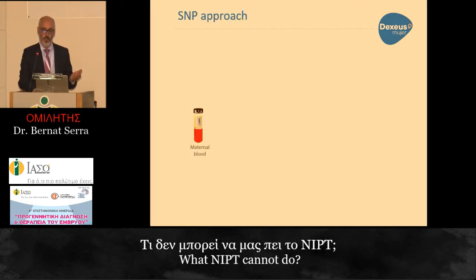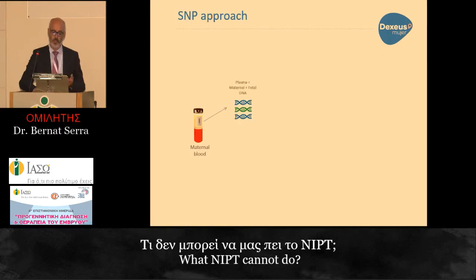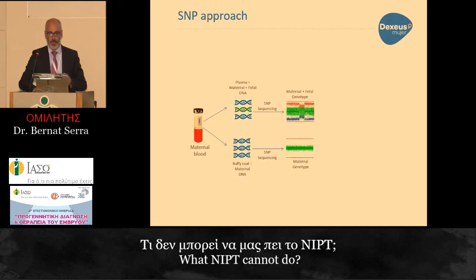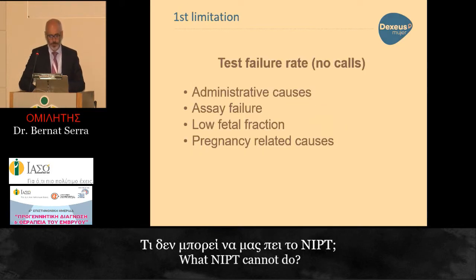When the SNP approach is used, not only the plasmatic mixture of maternal and fetal DNA is sequenced, but also the DNA coming from nucleated cells of the blood that are only of maternal origin, and then both genotypes are compared with bioinformatic algorithms, and the fetal genotype is extracted.